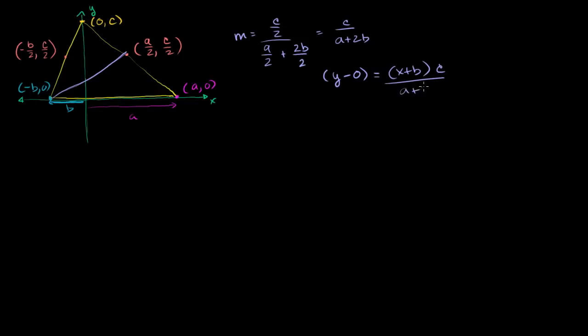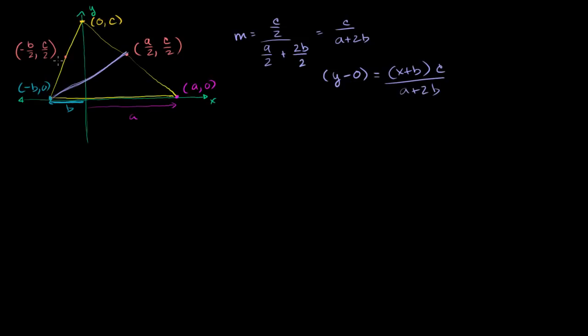Obviously, this would just simplify to y is equal to all of this. So this is the equation of this median, if the line just kept going. The median is a line segment that is part of this line.